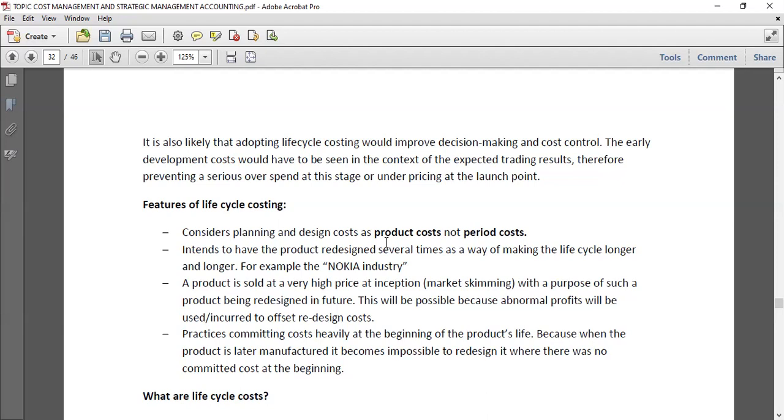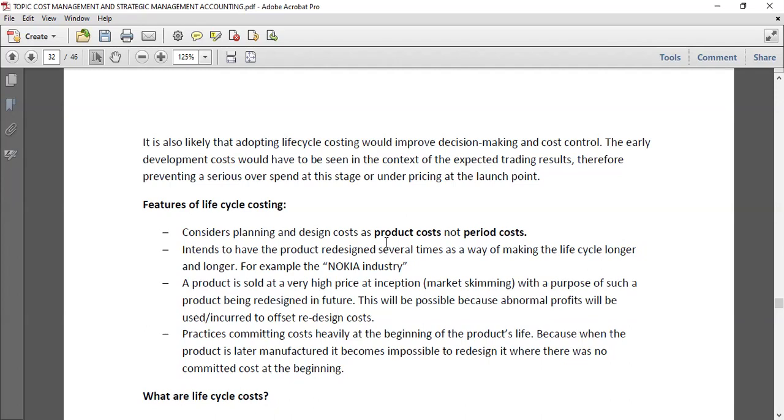The other feature is that a product is sold at a very high price at the inception, which is called market skimming, okay? I think you remember about pricing, where we said we have the premium pricing and then the penetration pricing methodology, okay?